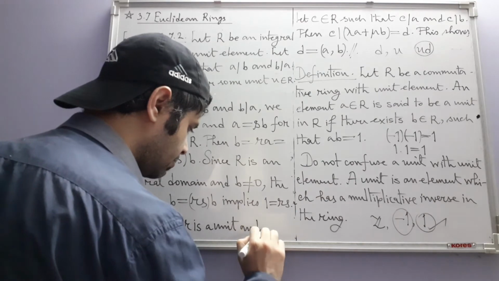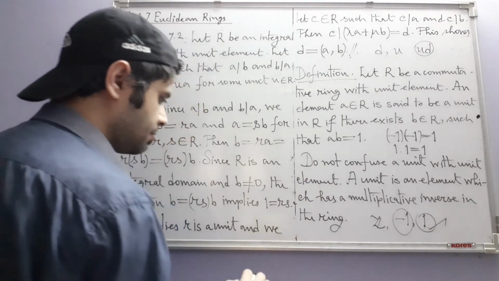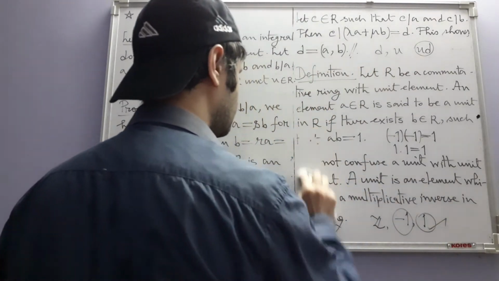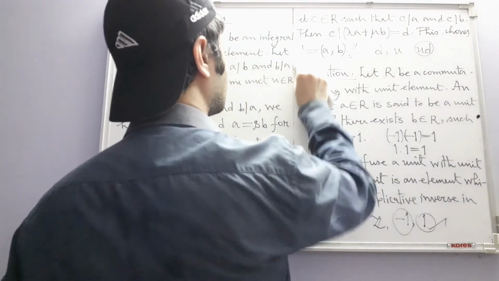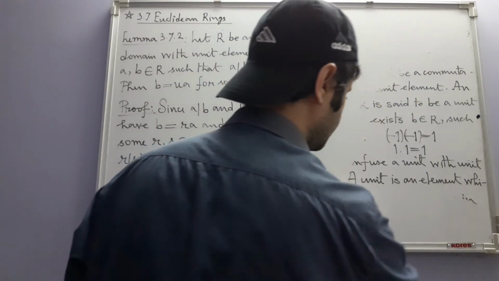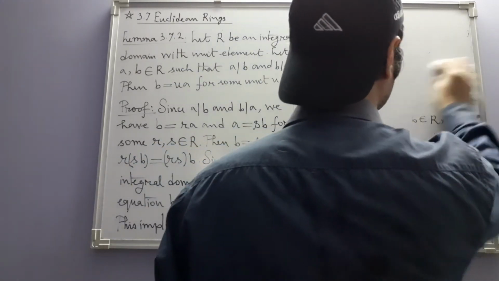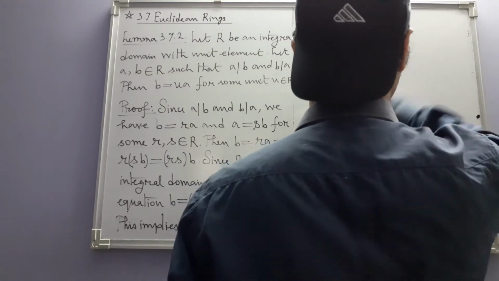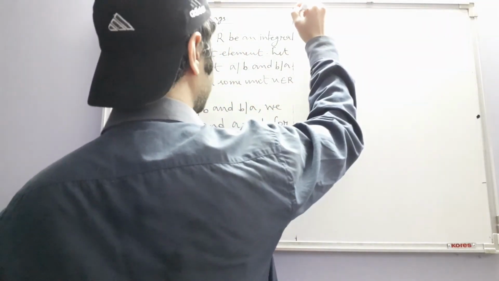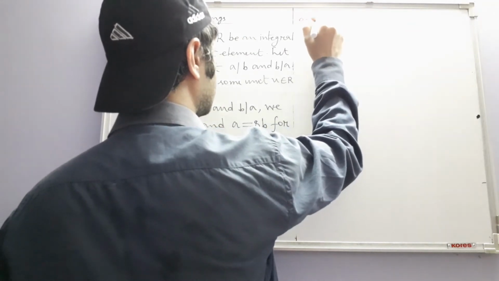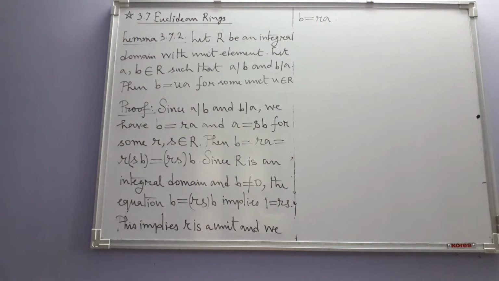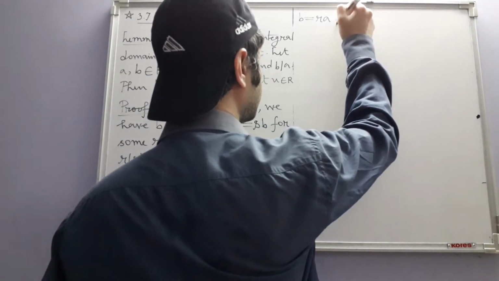And we have B is equal to RA. And that ends the proof.